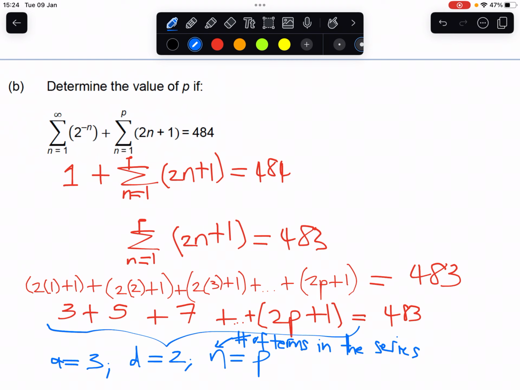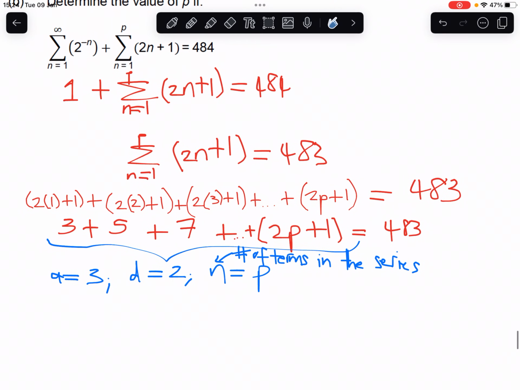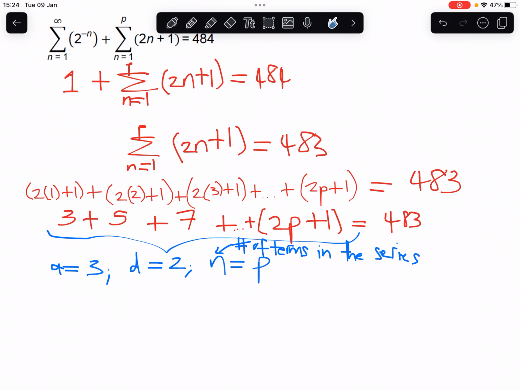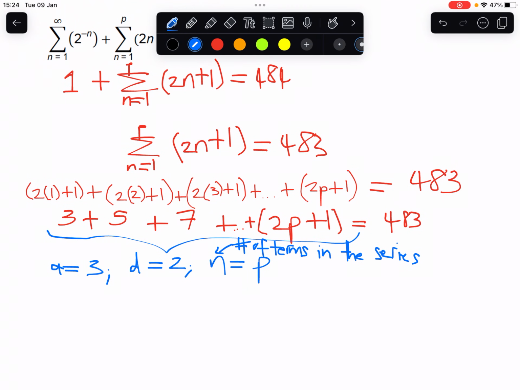Right. So we can then use the arithmetic series formula to figure out what p is.